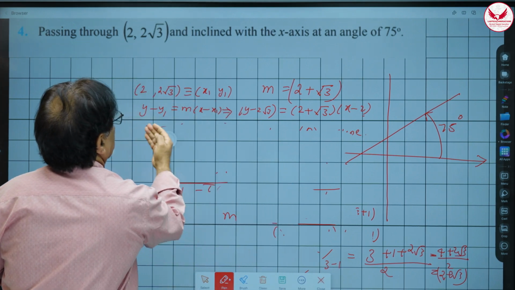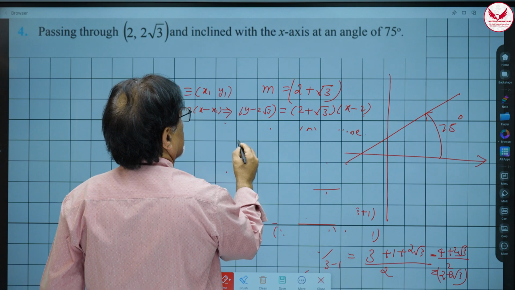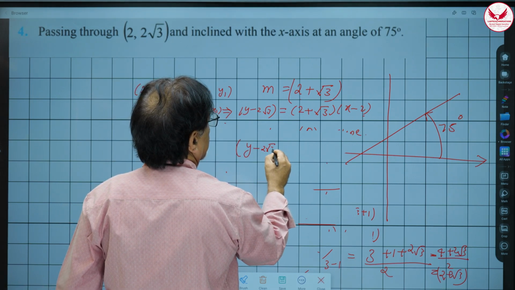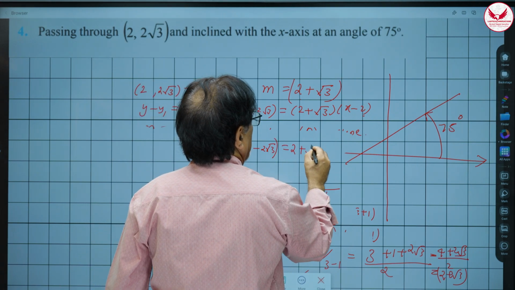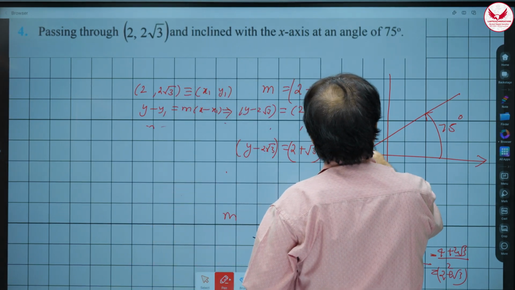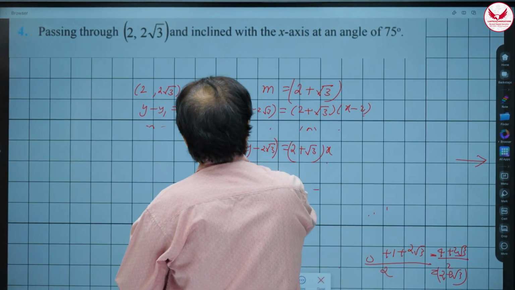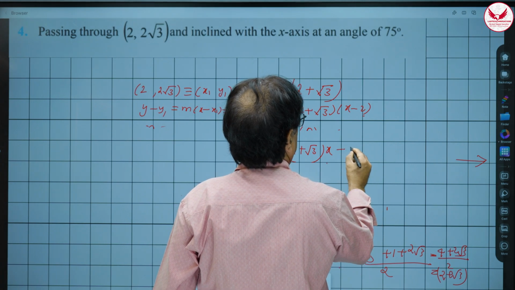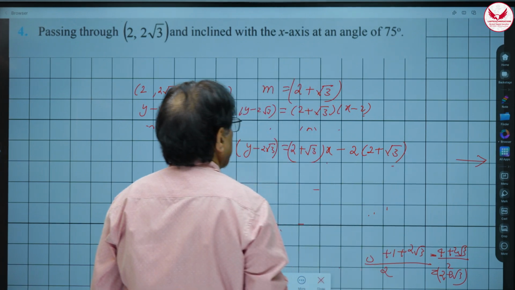And then we'll continue with our calculation. So what is our calculation? This is nothing but y minus 2 root 3. Okay, let us keep it like this. Now here 2 plus root 3 multiplied by x. Let us remove this section also. There is no need of all this now. It is all redundant now. Okay, fine. And minus 2 multiplied by 2 plus root 3. Okay, fine.